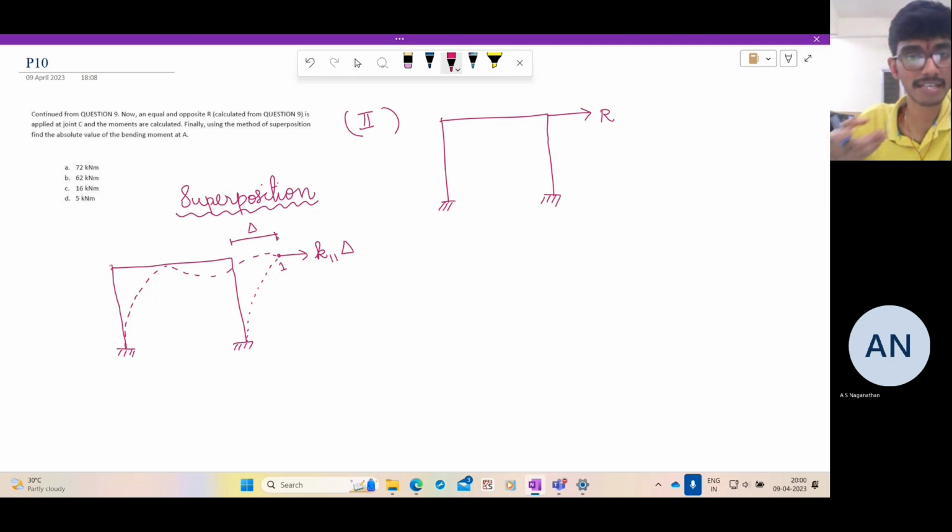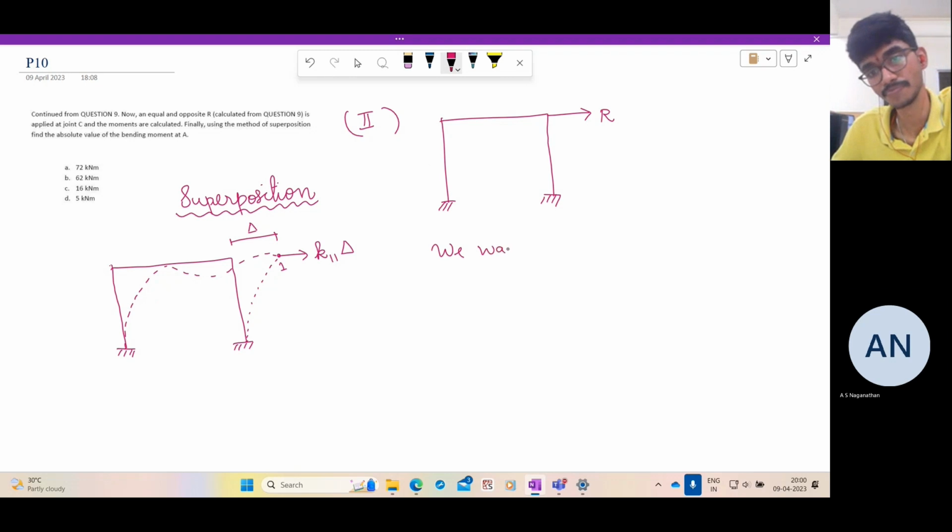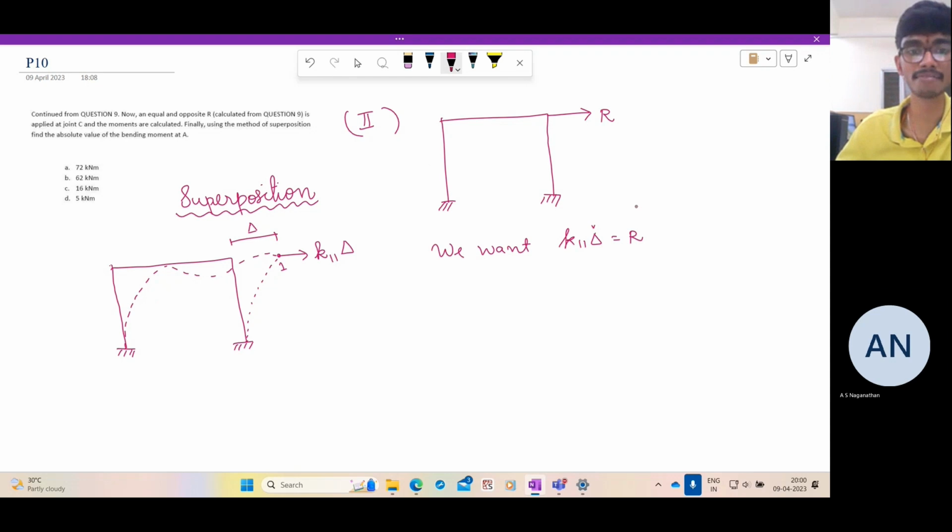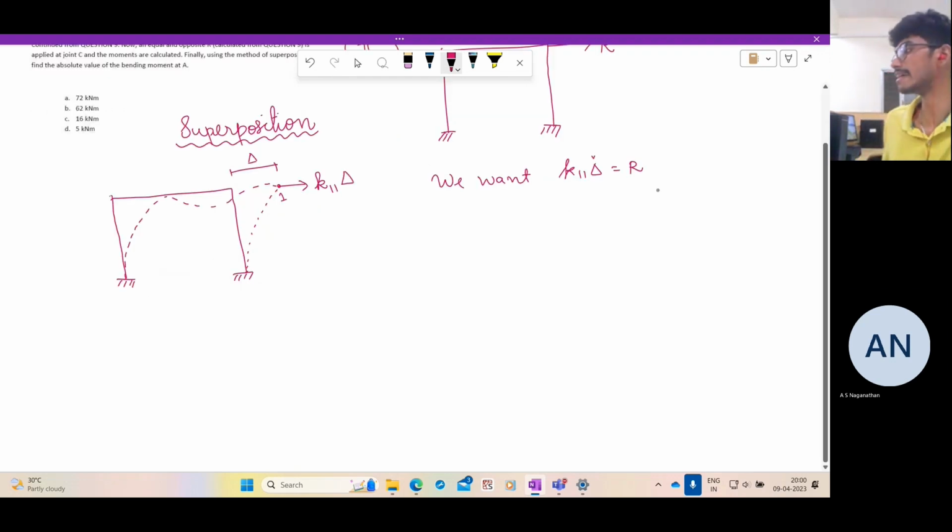But we don't know what the delta is beforehand. We want K11 delta to be equal to R, but we don't know how much delta we need to apply. So let us start with a guess.